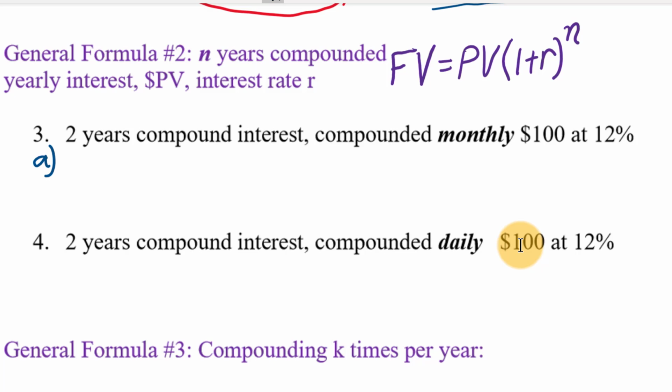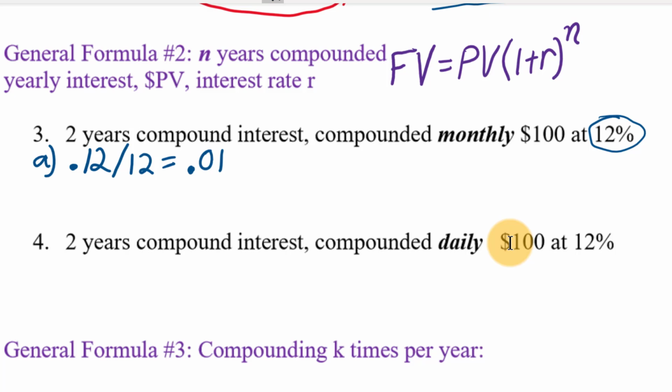This 12% interest rate here is the APR, annual percentage rate. If we want to convert it to a monthly rate, we need to take that 12%, let's write it as a decimal, divide it by how many months are there in a year. We'll divide it by 12, and that gives us that the monthly interest rate is 0.01, or 1% per month.